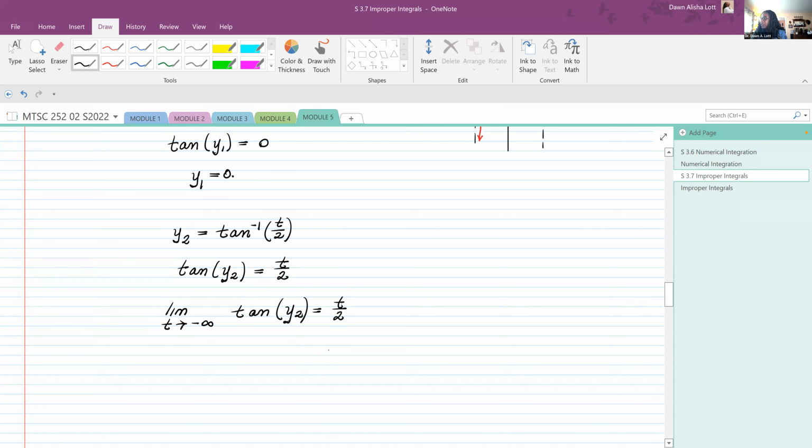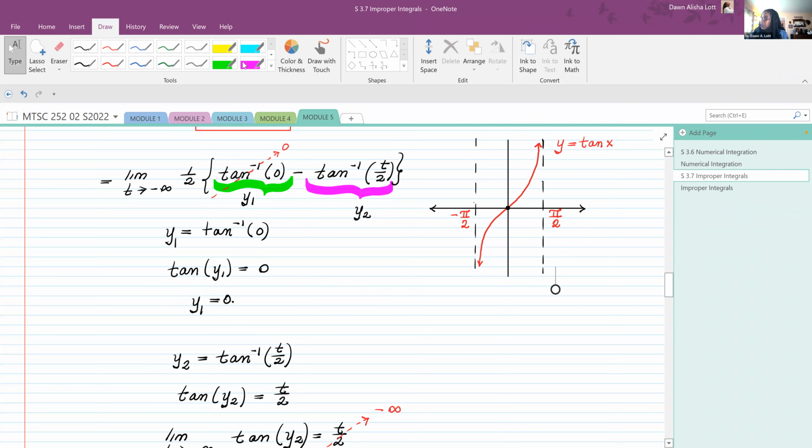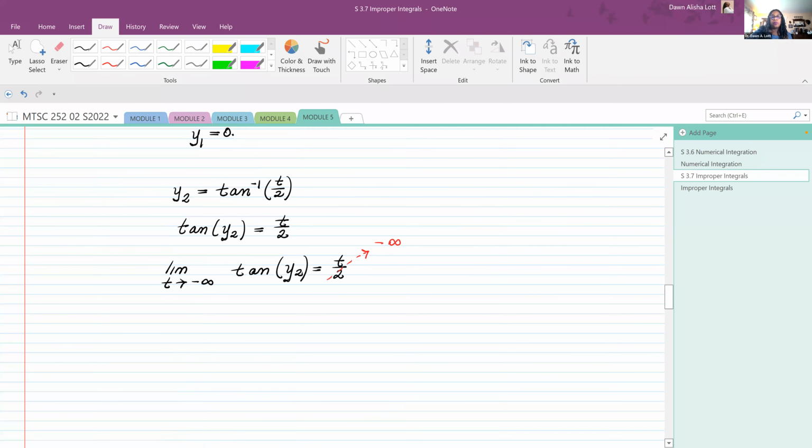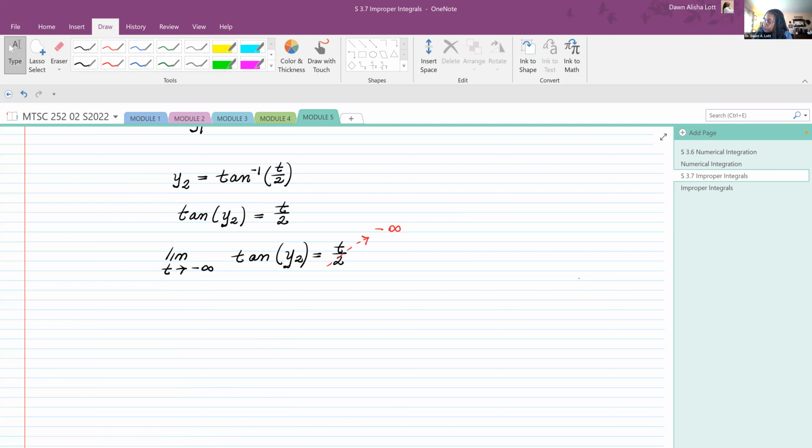So the right-hand side is going to negative infinity. So I need the angle y2 is the angle whose tangent is going to negative infinity. And that is right here. So as you can see, it's going to negative infinity. So the angle I want is negative pi over 2. So y2 is negative pi over 2.